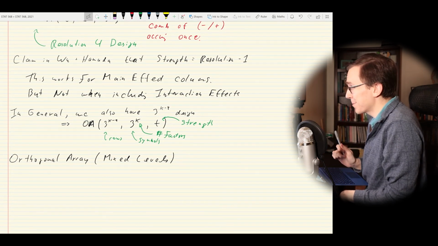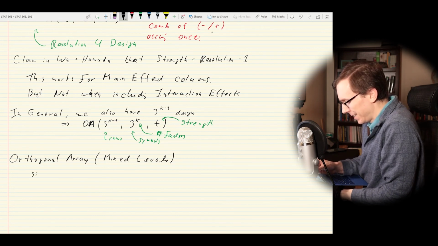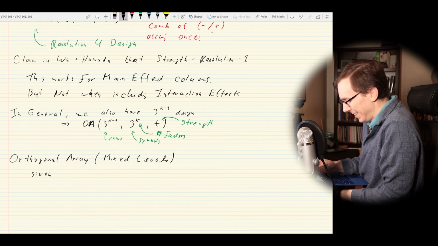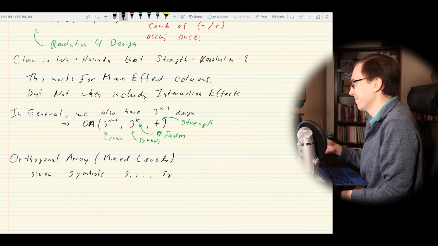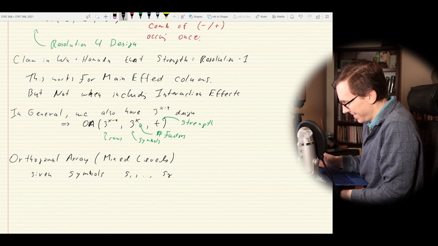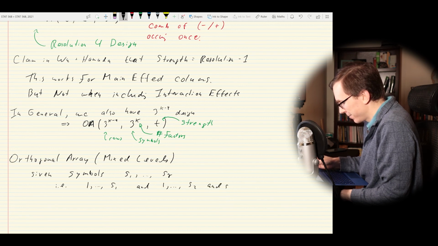So given symbols S1 through S gamma, for lack of a better index, that is, we're going to have 1 through S1 and 1 through S2 and so on.